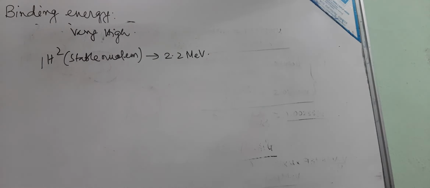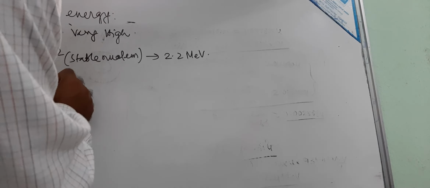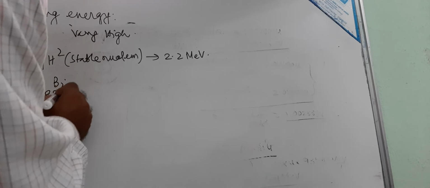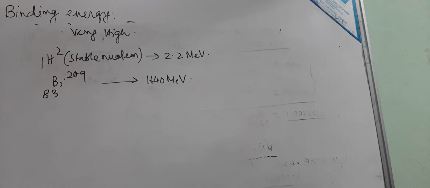If you talk about the isotope of the metal bismuth, bismuth 83 and 209, its binding energy is 1640 MeV if we calculate it by that formula. So this is a high binding energy.